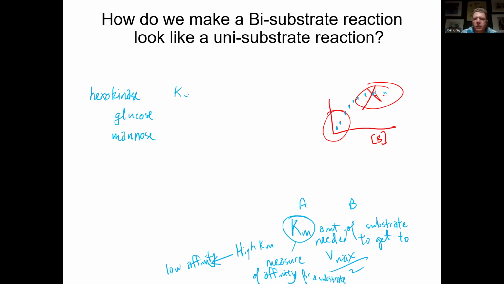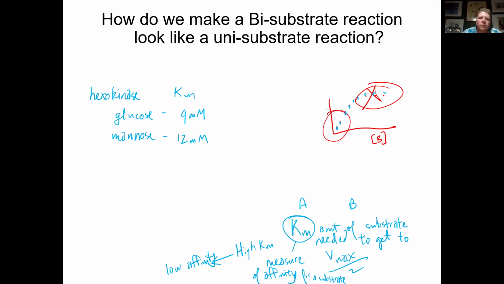And the Km, I'm just going to come up with numbers here, for glucose is 4 millimolar, and for mannose is 12 millimolar. So in both cases, if hexokinase is given 4 millimolar of glucose, it's catalyzing its reaction at half of max speed, half of its max velocity. If it's given 12 millimolar of mannose, it's catalyzing the reaction at half of maximum speed.